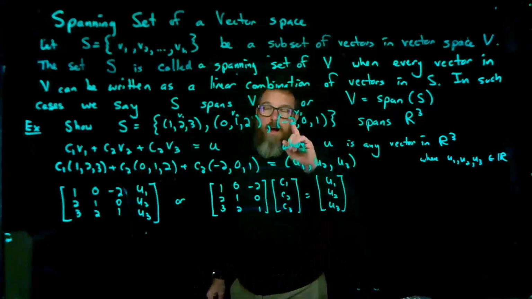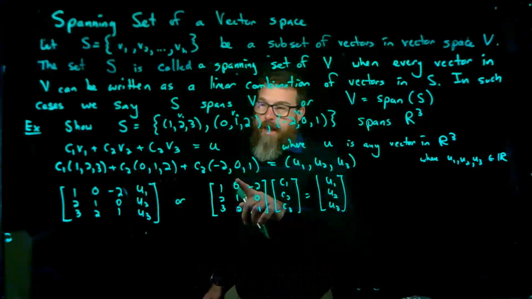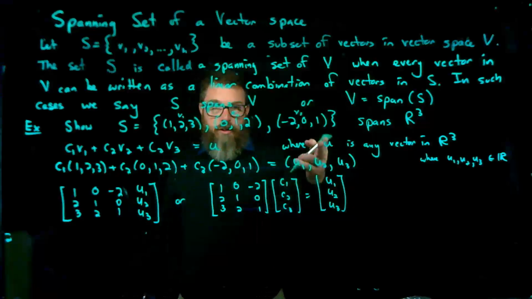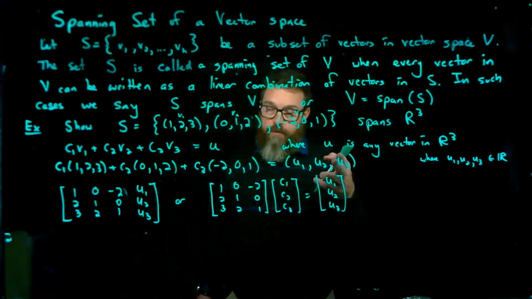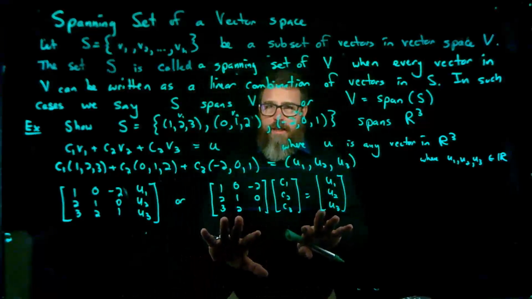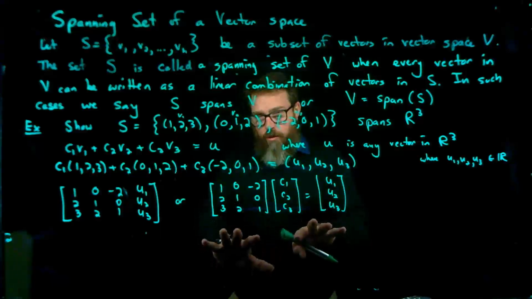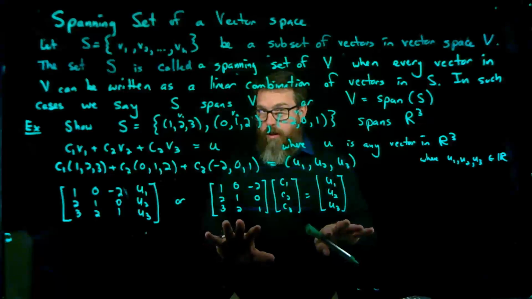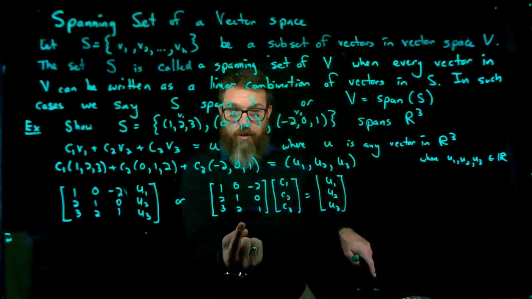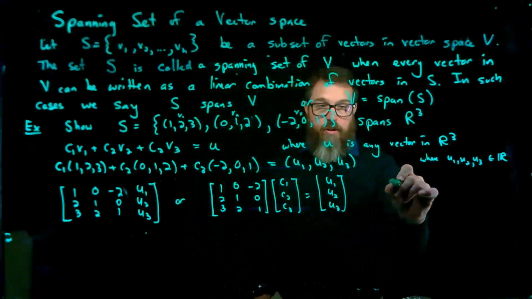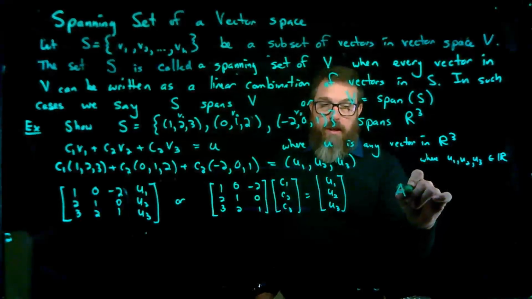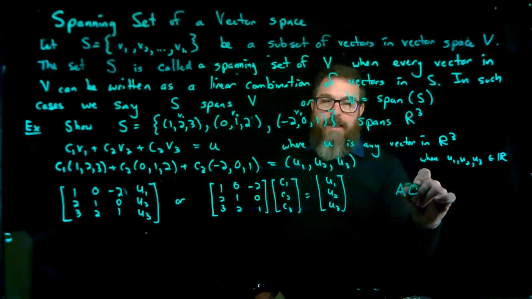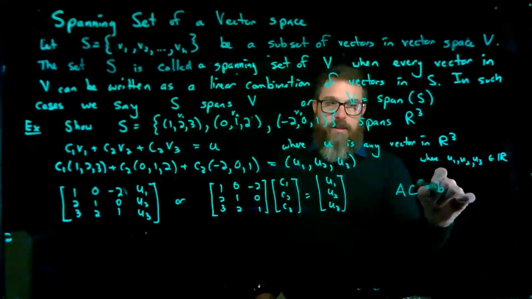Now, what I want to prove is that this linear combination builds all vectors in R3. So what I have to verify is that this thing indeed has a solution. And really I can prove that it has a unique solution by going after this coefficient matrix A. So this is of the form A times c equals b essentially.